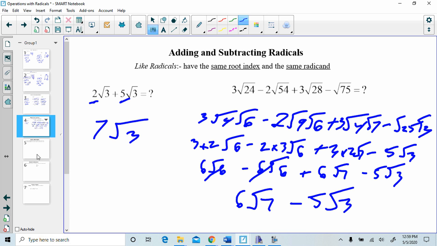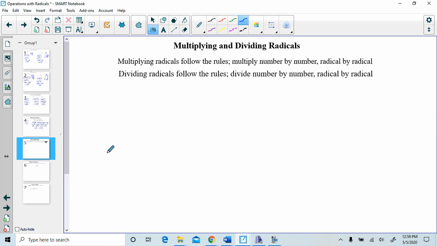Okay, moving to the next part here. Multiplying and dividing radicals. Okay, so when we do multiplying and dividing radicals, we're just going to keep in mind a couple key points here.